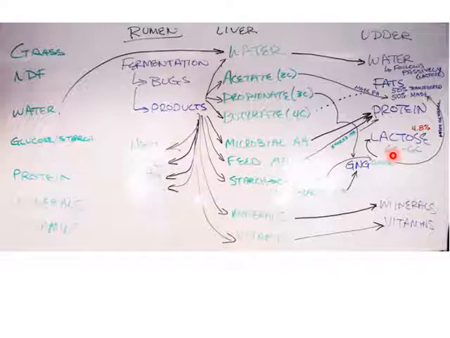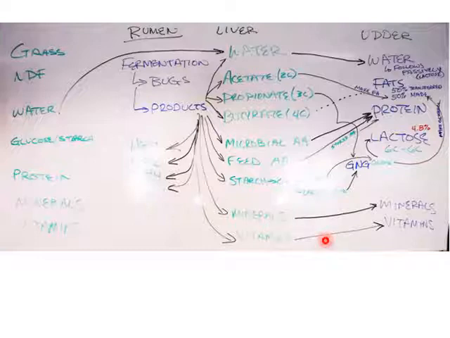They're going to make the lactose. The lactose is secreted into the lumen of the alveolus in the udder. That is a solute in solution. It's going to draw water in to the milk. So you have water going down its concentration gradient to the milk.